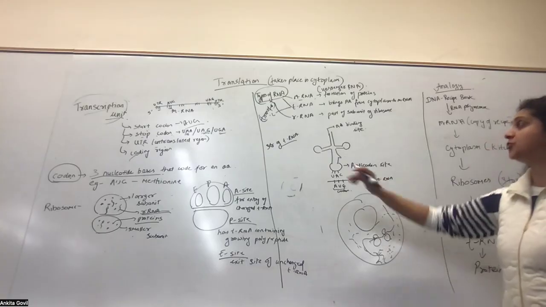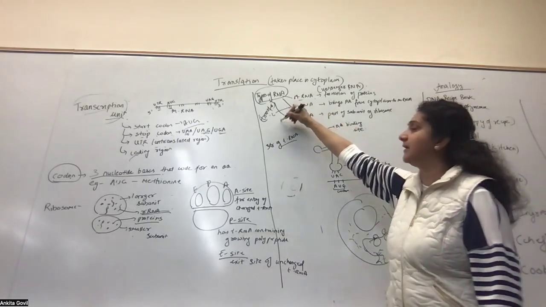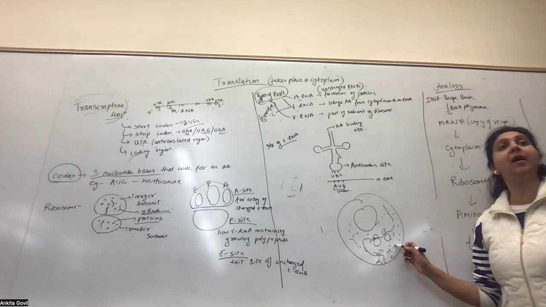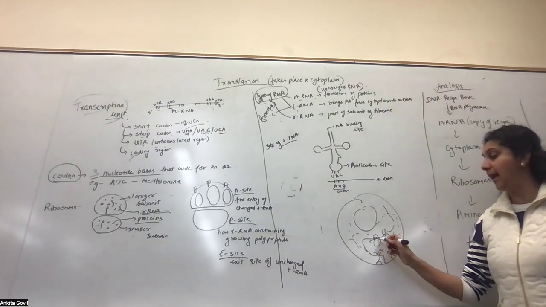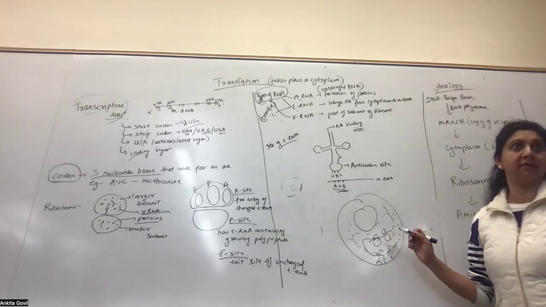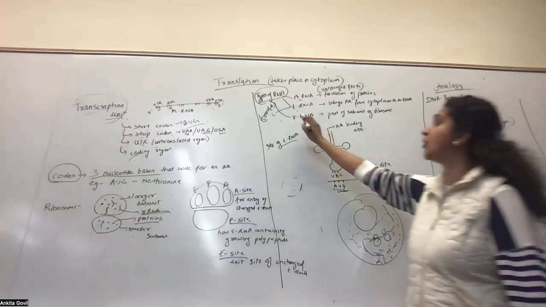All right. So this tRNA is transferring the amino acids from the cytoplasm to where? To the mRNA and the ribosome. All right, so that's why it is called transfer RNA.